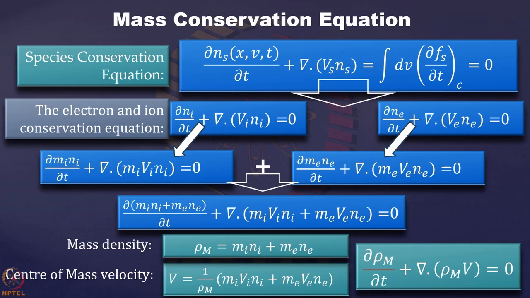So that is the difference in the Navier-Stokes equation for normal fluid compared to the plasma fluid.